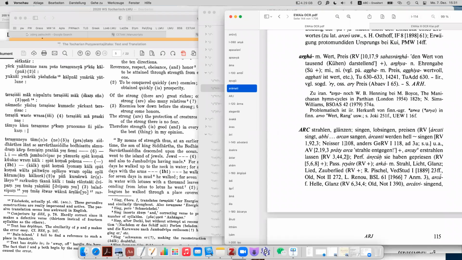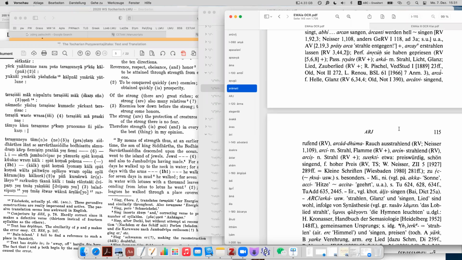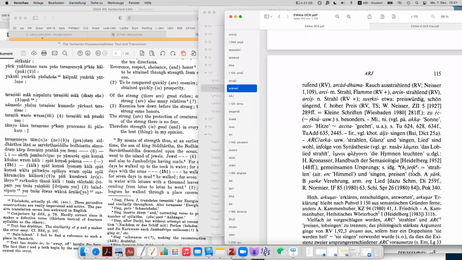Yeah. So in Sanskrit, we have a root called arch, and arch actually means glisten or shine, or praise. You praise something. So you praise someone, and it means that you respect someone. So this is actually the origin of the Tocharian word yuk.